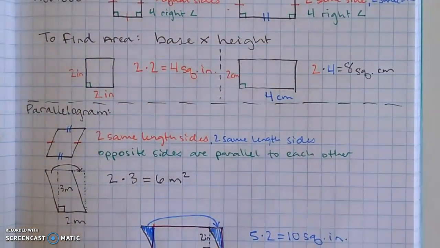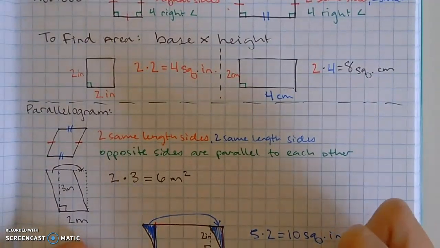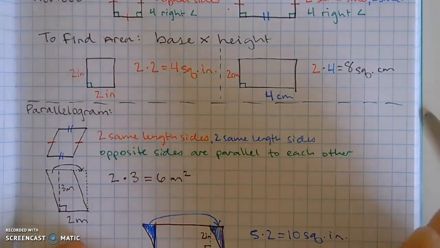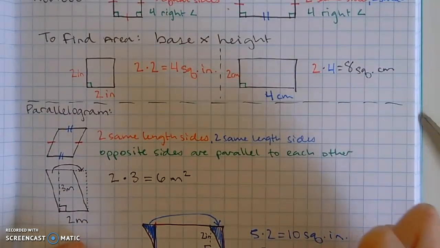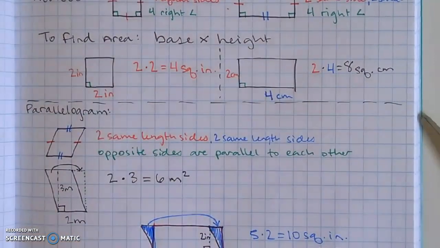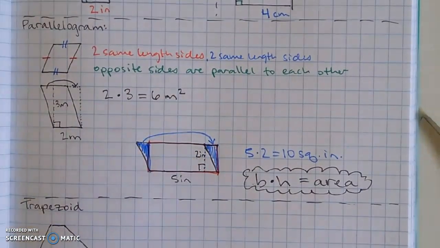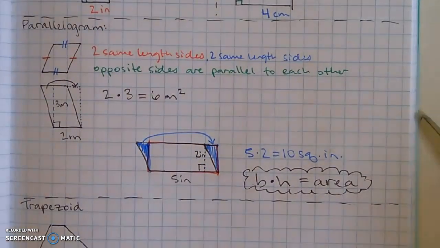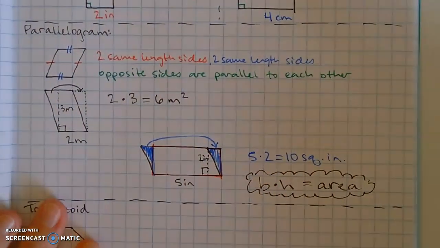So it's going to be base times height equals area. Okay, so if you want to bubble that so you remember it, base times height. So you don't have to cut this off every time. You can just know that's base times height. Okay, so if you have the height and you have the base, you can figure it out.